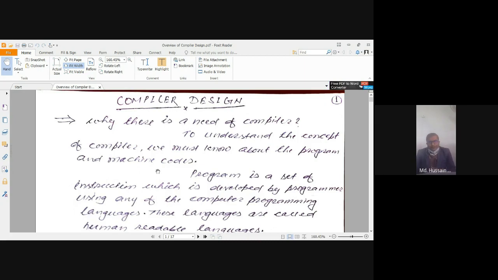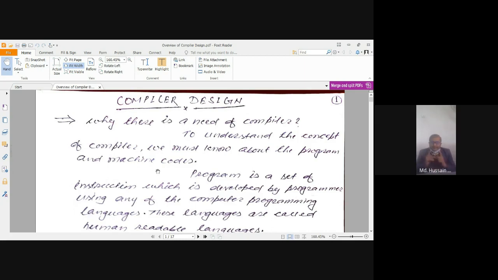So before going to start in detail regarding this subject, first of all, we have to learn about some important points regarding this subject. So the first question that comes in your mind is, what is the importance of this subject?